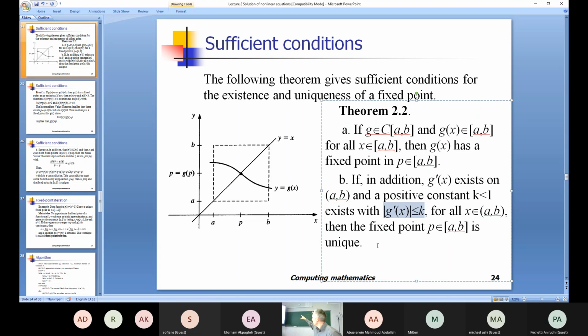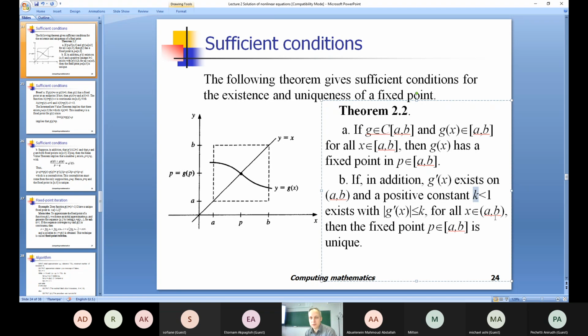Again, statement A tells us that there must be a fixed point, but there may be 2, 3, nobody knows how many fixed points. But if in addition the derivative of the function is smaller than 1, then this fixed point is unique.